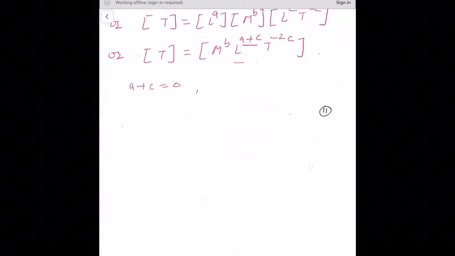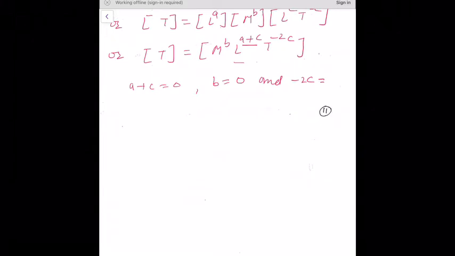On the right hand side M to the power b, and on the left hand side there is no M, so b is equal to 0. And on the right hand side T to the power minus 2c, and on the left hand side there is T to the power 1, so minus 2c is equal to 1. On solving we get a is equal to half, b is equal to 0, and c is equal to minus half.